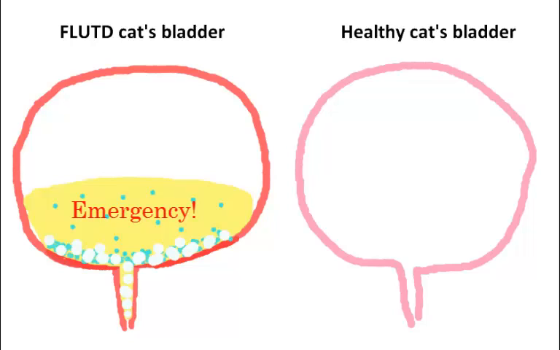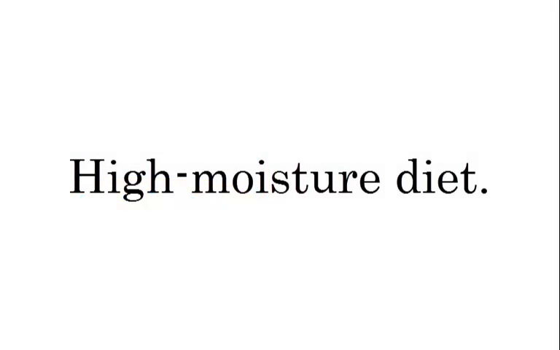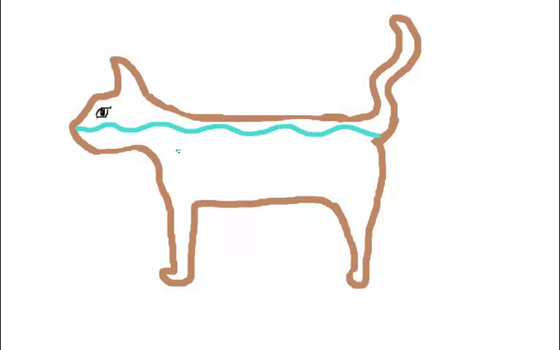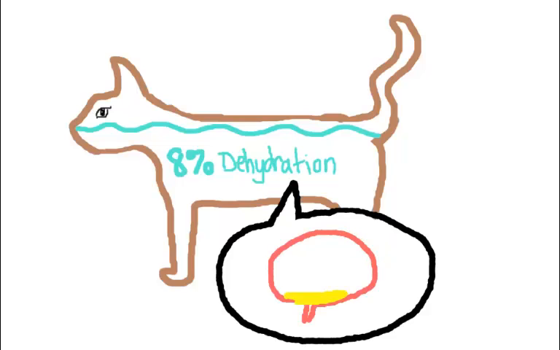So what can we do to prevent this from happening? Well, first and foremost, the most important change you can make is getting them on a high moisture diet. As we know, cats have a very low thirst drive, so they're not going to drink water until they're very dehydrated and making very little, very concentrated urine.